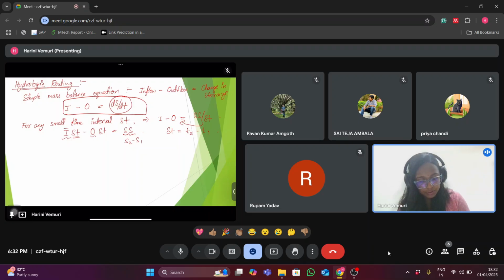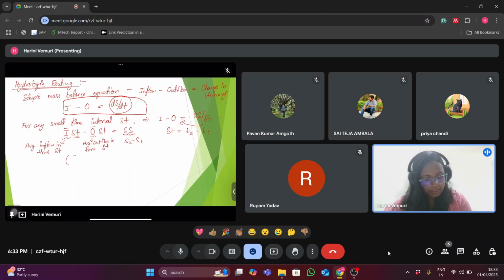So what we will do is average the inflow and outflow terms to avoid that uncertainty. This is the average inflow in time delta t, and this is the average outflow in time delta t, and delta S is the change in storage.